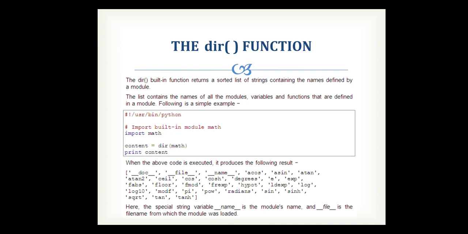When you print the content, it directly produces a list of all the modules, variables and functions in sorted order. Here, the special string variable __name__ is the module name and __file__ is the file name from which the module was loaded.